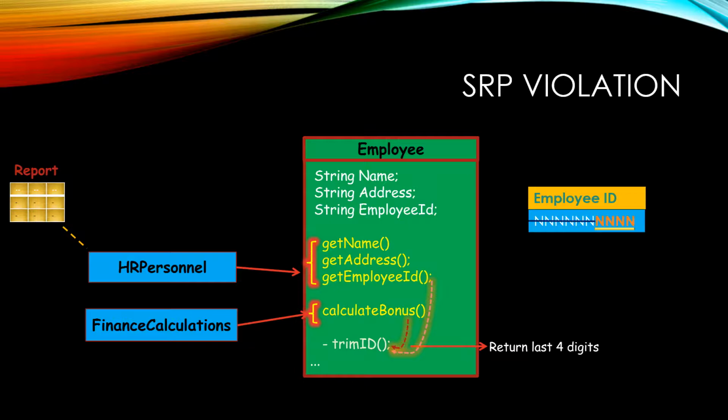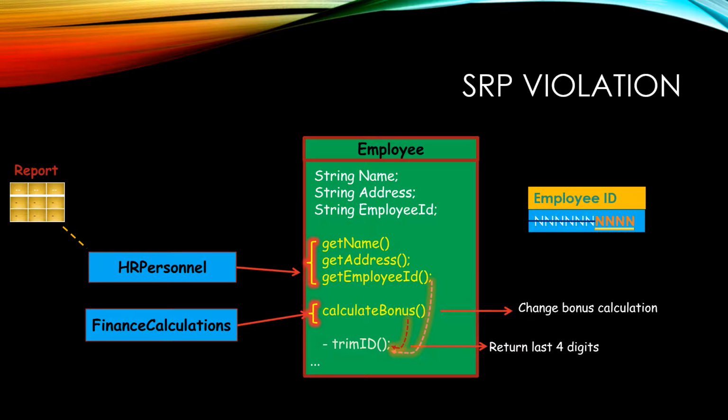To summarize, the employee class has a private method called trimID, which is used by two public methods, getEmployeeID and calculateBonus. Now let us bring in our new requirement, where we said that the bonus calculation method needs to undergo a change.